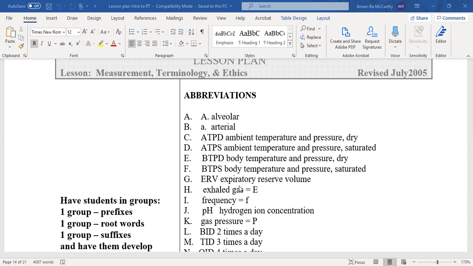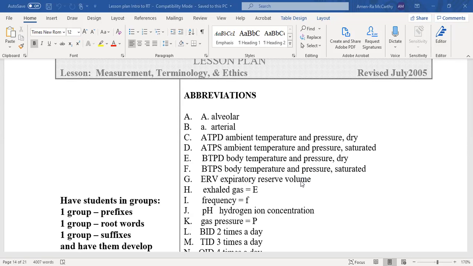ERV is expiratory reserve volume. You're going to learn that when we get to pulmonary mechanics. I'm not even going to really go into that. Just know that ERV is expiratory reserve volume. Big E is exhaled gas, and we don't really use that much.